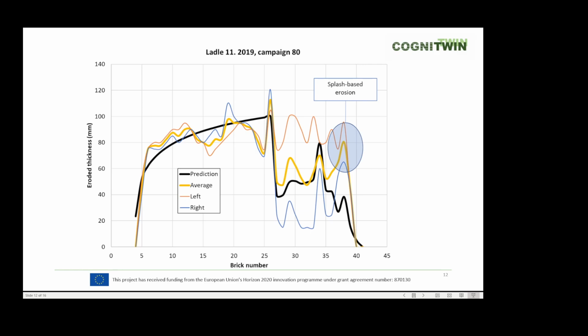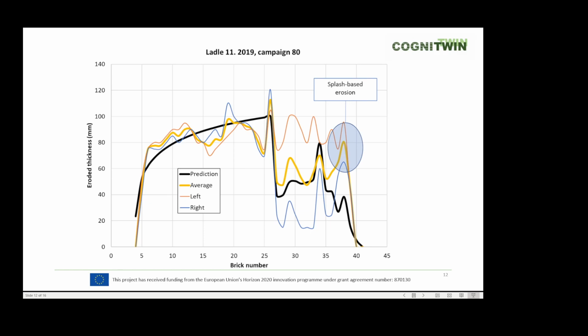The model had predicted how much is eroded at the end life of the lining. And the operator decided that the lining should be demolished at some stage. And this is what the model has predicted when the ladle lining was decided for demolition.